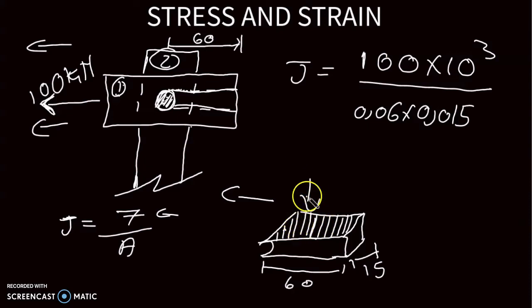But notice that the object sheared in two places. It sheared in this position and it also sheared in this position. The areas are the same, yes, but we have to indicate that the object has sheared in two positions.